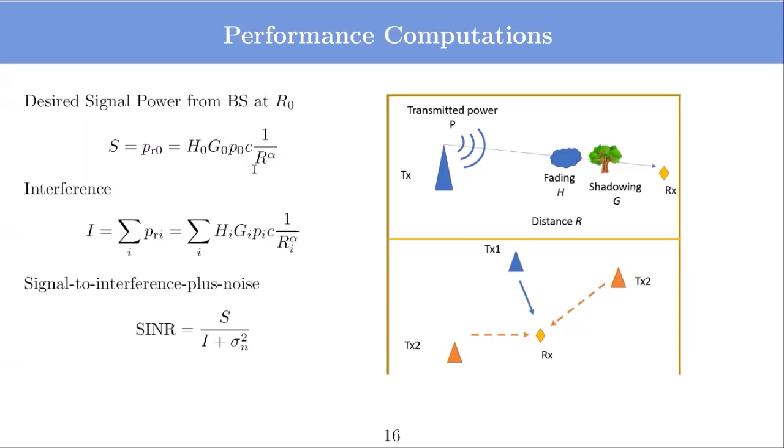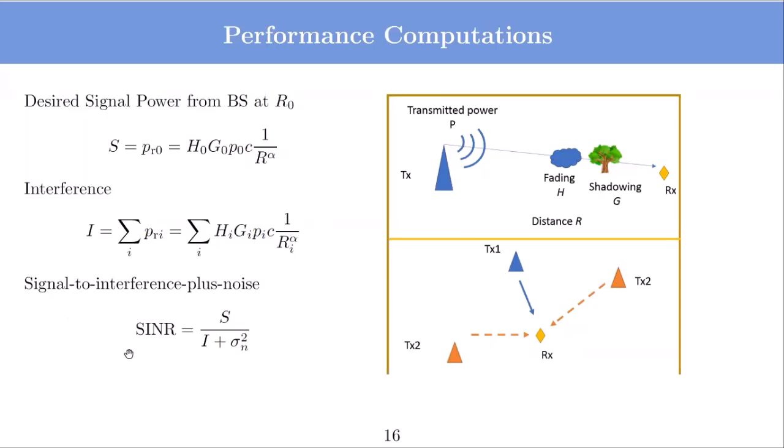Of course, their distances would be different and their fading would be different. Many times it is assumed that different links have independent random variables for fading and shadowing. So for the ith transmitter, the receive power at the same receiver would be Hi Gi Pi C times 1 upon Ri to the alpha, and if there are multiple, I'll sum them all.